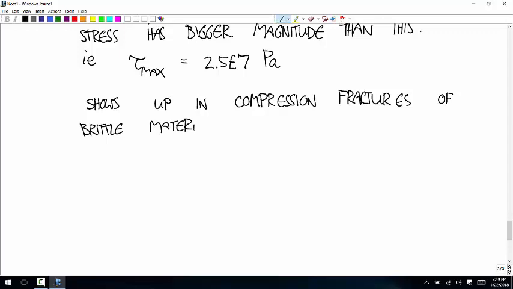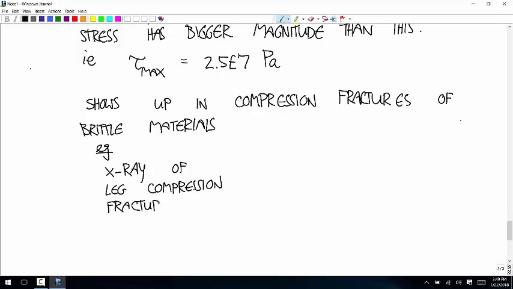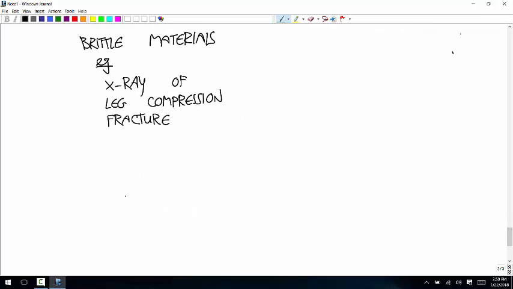Since brittle materials fail much more easily in shear than they do in tension and compression, if you look at an X-ray of a compression fracture of a bone in the leg, so like a leg compression fracture, there's the bone.